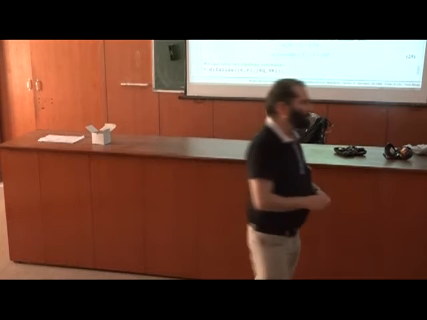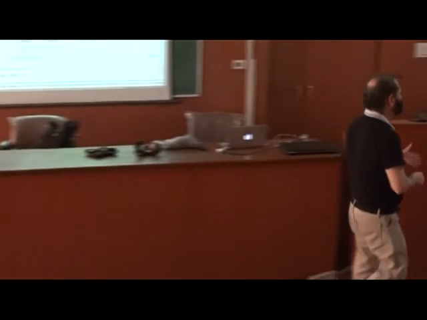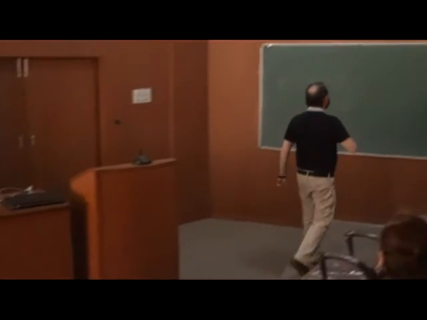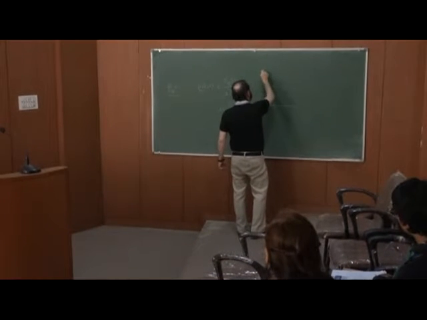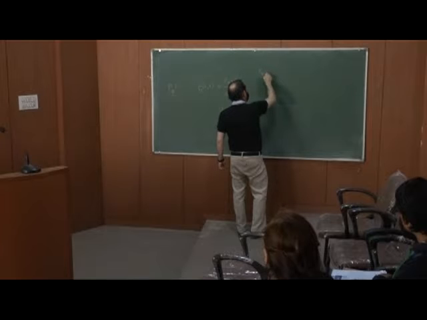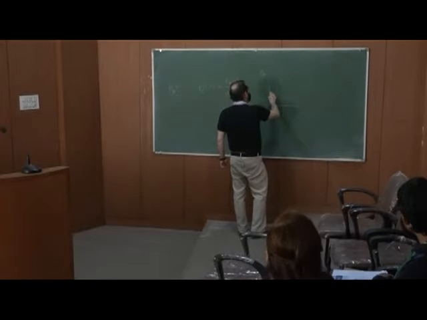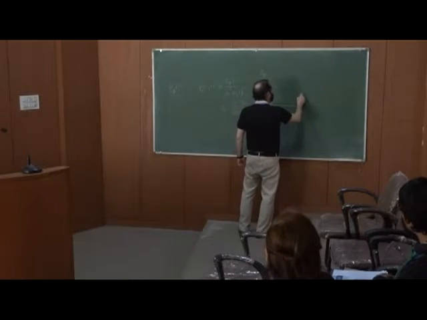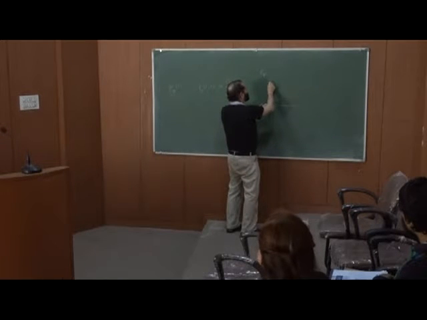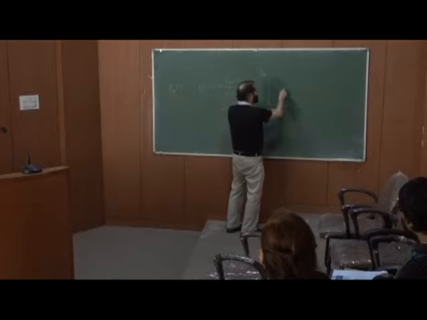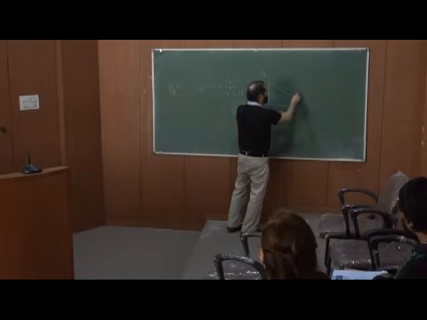Suppose you want to model this: this is your initial average density, and this is the cosmic density in the background. So what you want is some sort of overdensity that will do this.